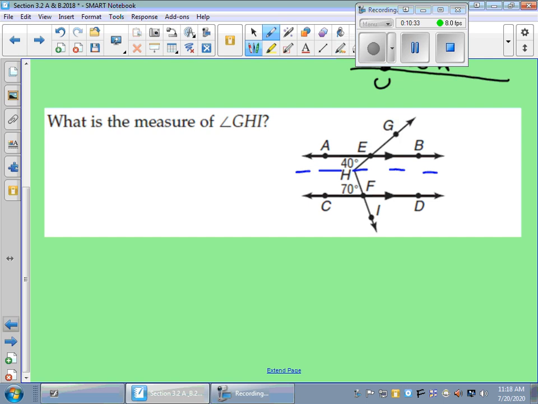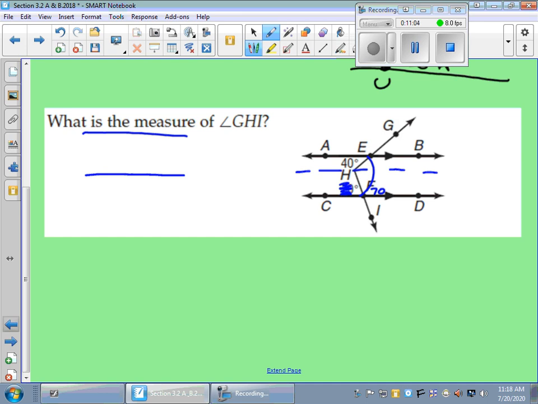If we extend that blue line over here, and go up here with that, we want to find angle GHI. So we ultimately want to find this angle right here. I'm actually going to change this, and I'm going to move 70 to be right there.